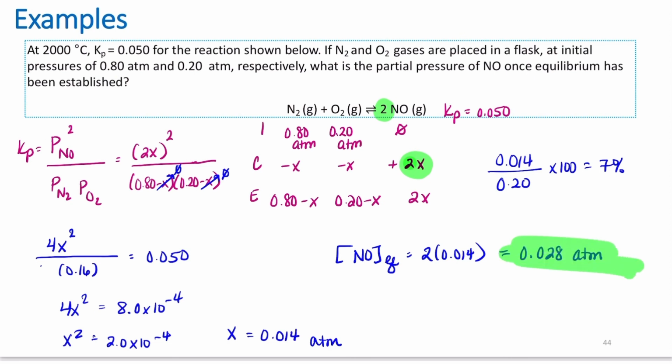I keep saying concentration because I'm so used to writing Kc expressions. I apologize for that. The pressure of NO at equilibrium is equal to 0.028 atmospheres.